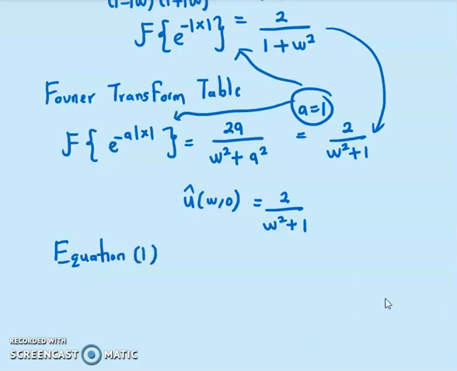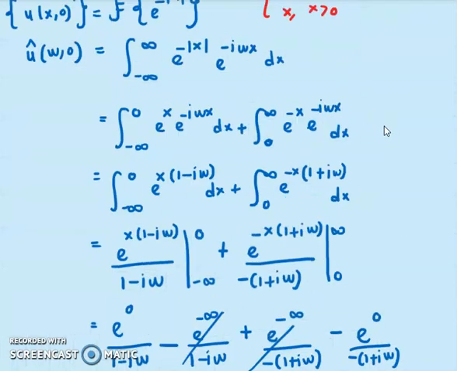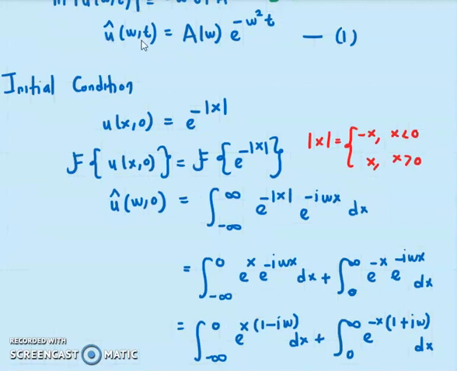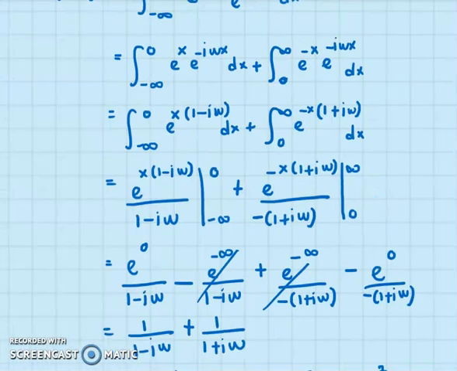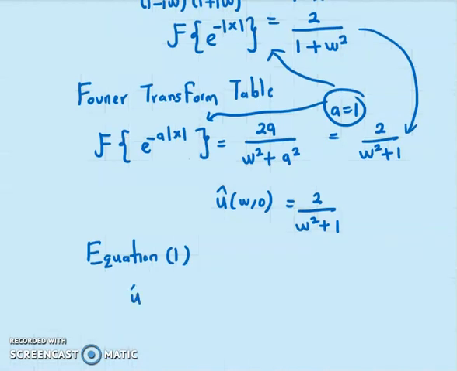Because we want to find A omega actually. Okay, so equation 1, if you look at earlier on, is u hat omega t equals A omega e negative omega squared t.